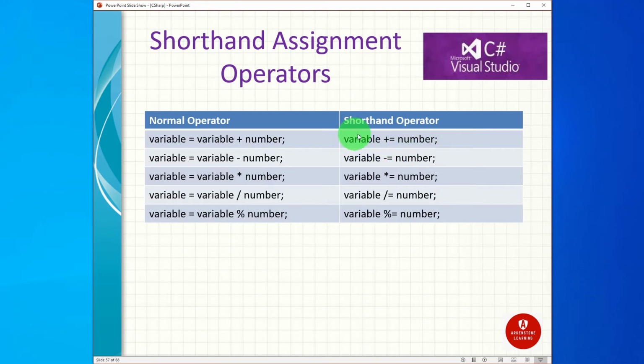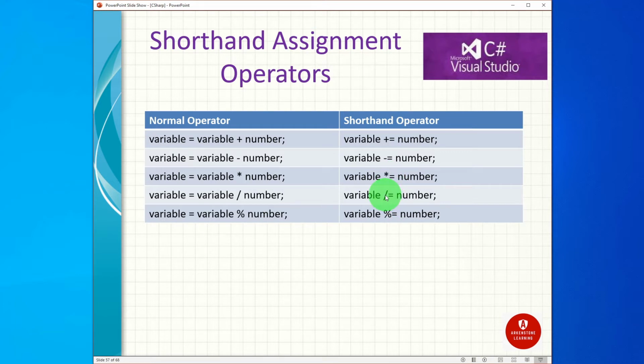So that's the shorthand version of the addition operator. Similarly, there is a shorthand version for the minus operation, variable minus equal to number, and the same is true for multiplication, division, and the remainder operator. Again, note that there is no space between the operator and the equal to sign.